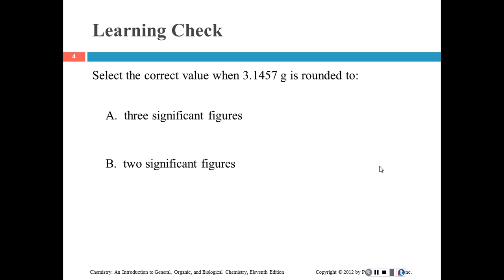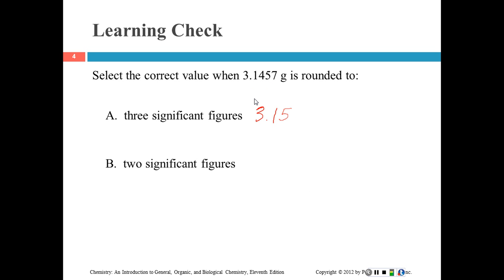So 3 significant figures for this number, let's see, that'd be 3.14 or 5. 3.14, that is a 5, so it would be 3.15.